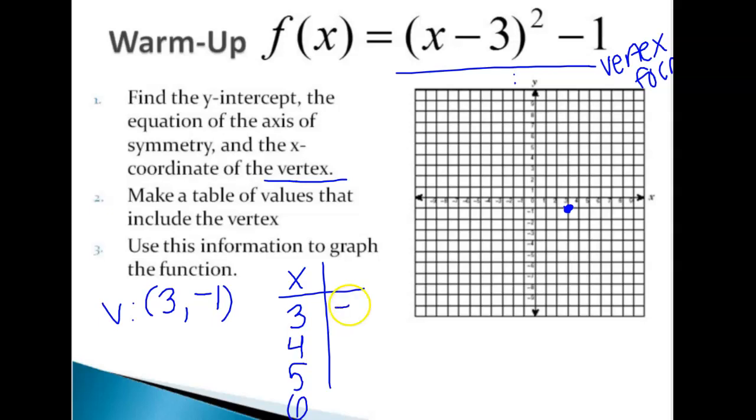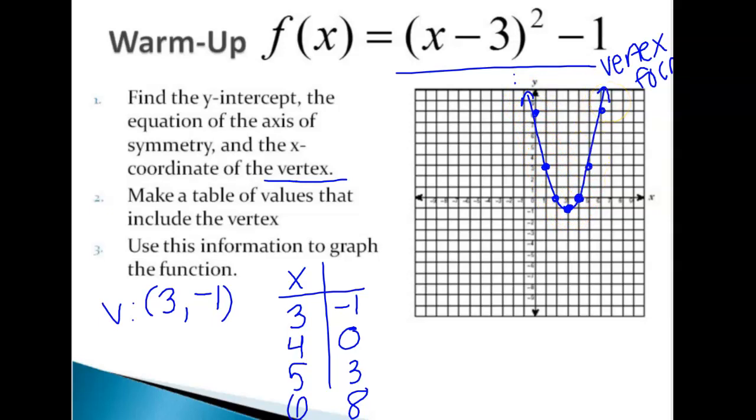So instead of being at 0, it's at negative 1. Instead of at 1, it's at 0. Instead of at 4, we're at 3. And instead of 9, we're at 8, because those 0, 1, 4, 9 all get subtracted by 1. So I have (3, negative 1), (4, 0), (5, 3), and (6, 8). That gives the opposite points (2, 0), (1, 3), and (0, 8).